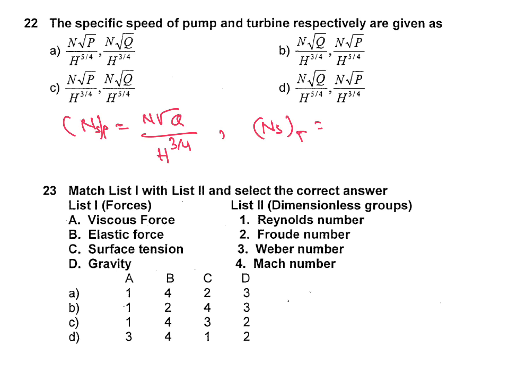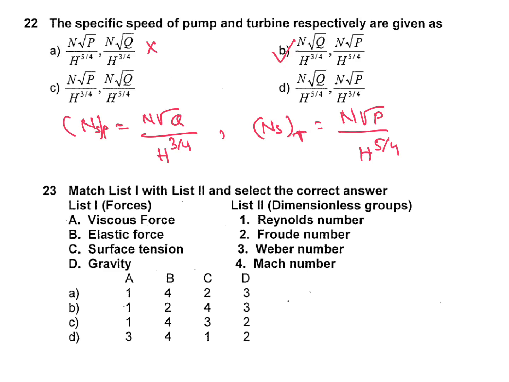First pump, then turbine. So this one is not possible, because first is turbine, then pump. Yeah, B is our answer. N root Q by H to the power 3 by 4, N root P by H to the power 5 by 4.